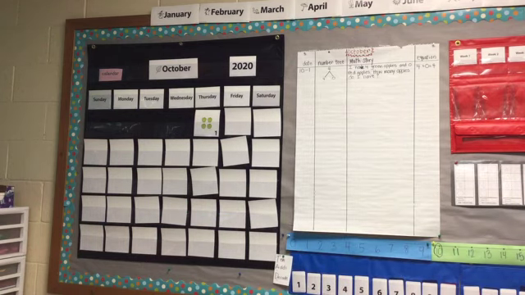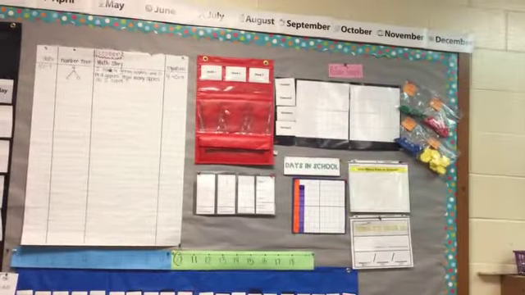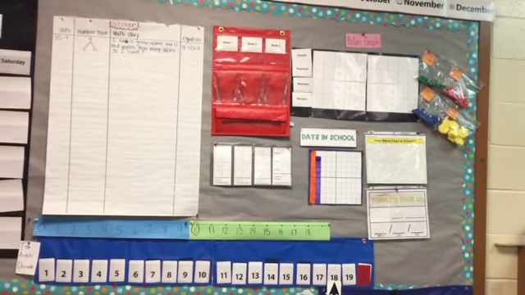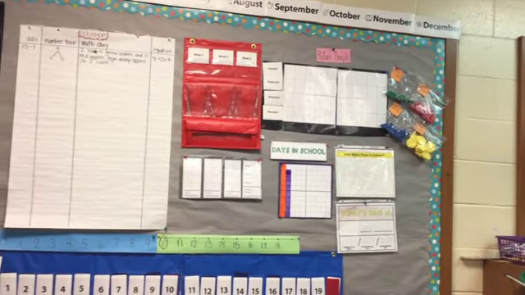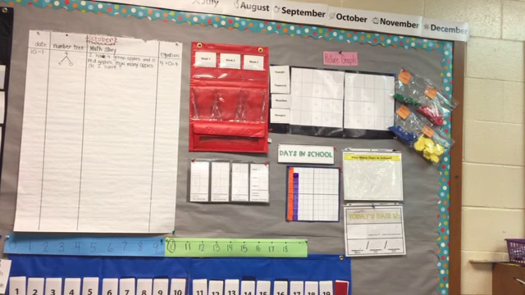So now what I'm going to do is I'm going to come over here and I am going to write how many days we've been in school. All right, so we'll color in another day for our days in school. And you can see that we only have, oops, did I forget to move us? I did. Sorry. Someone came to the door and distracted me, and I kind of lost track of what I was doing.